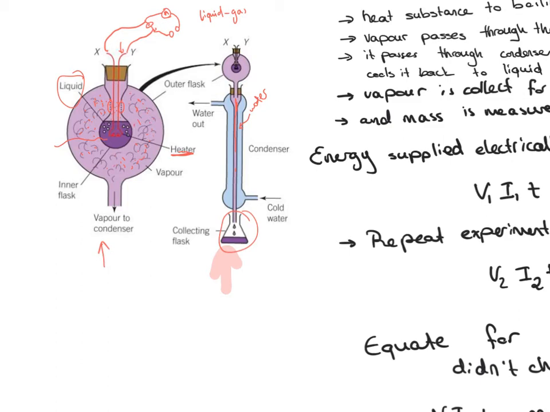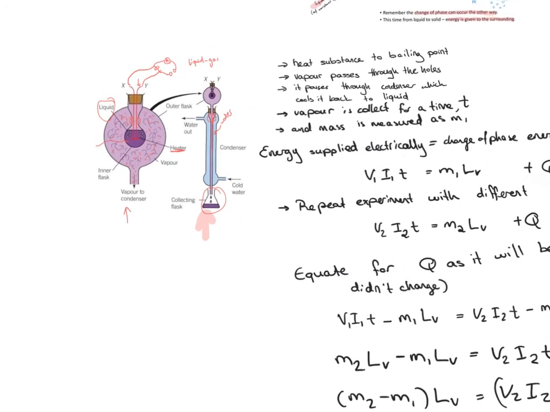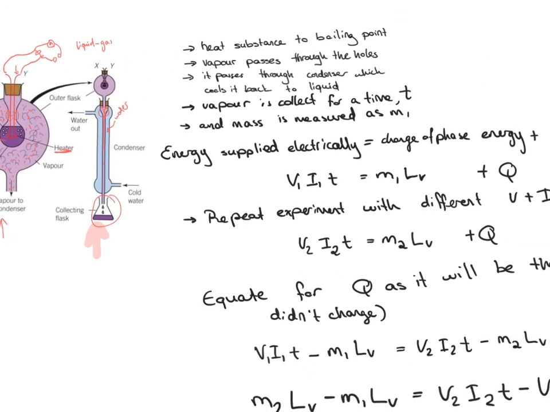And as the vapor goes to the condenser, which is here basically, it will cool down and be collected. So the steps to this experiment are to heat the substance to the boiling point, allow the vapor to pass through the holes, and then it will pass through the condenser where it will cool back to the liquid form.